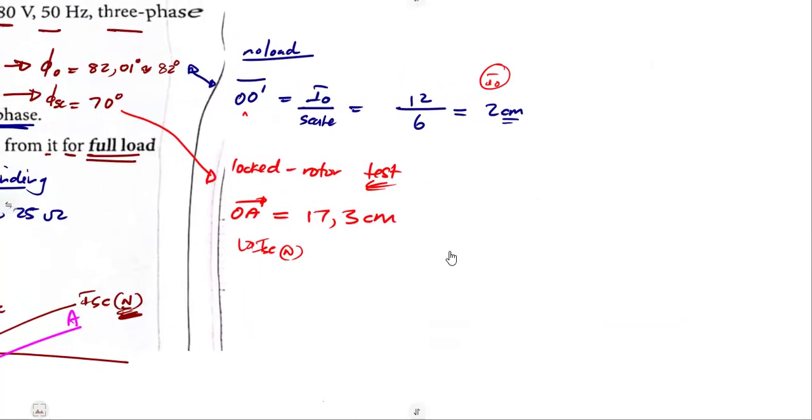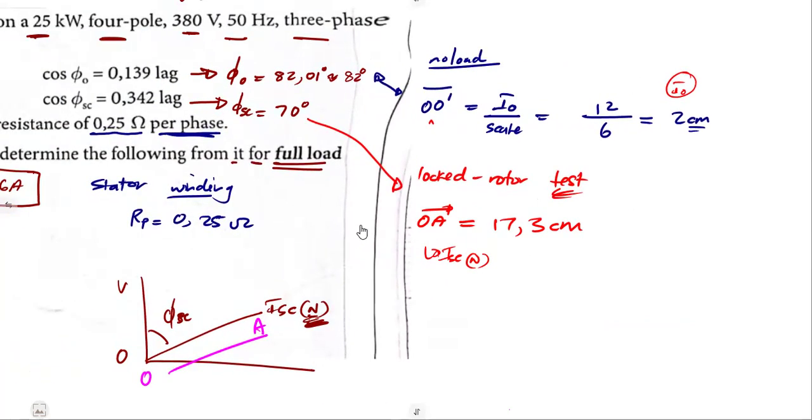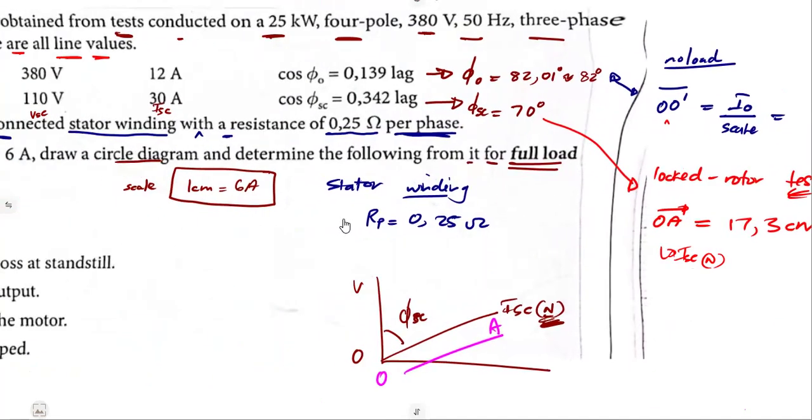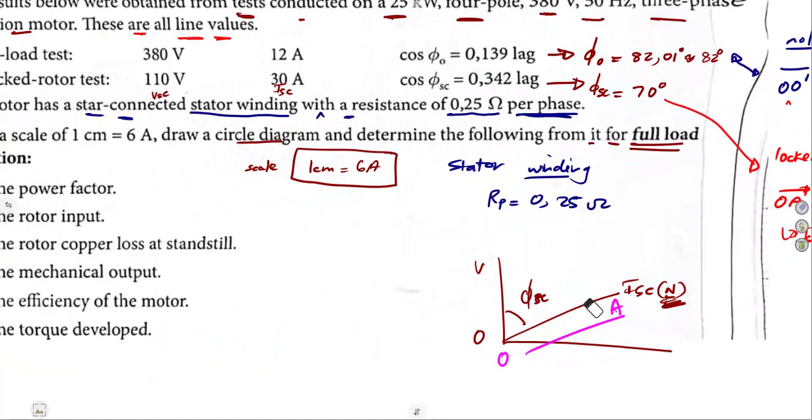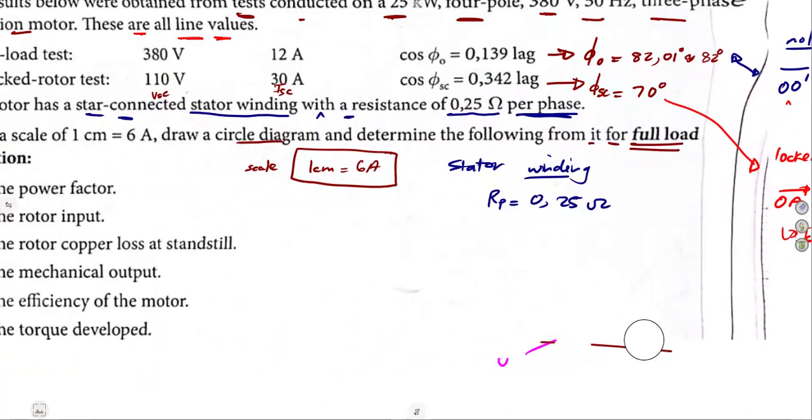So with these values, yes, we can have our graph presentation, but let us just finish with this section, because last time we were dealing with a condition where they consider the stator copper loss and the rotor copper loss at standstill being equal.